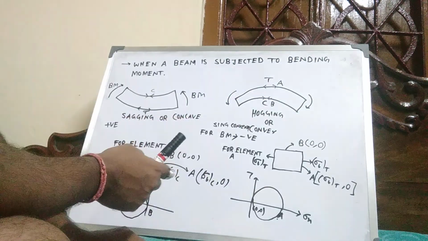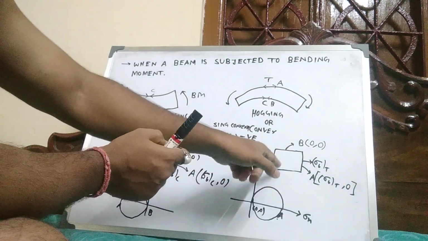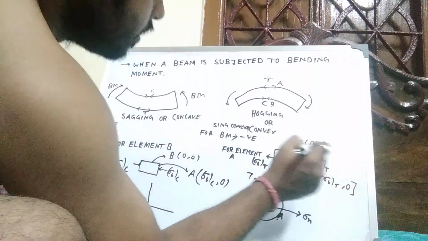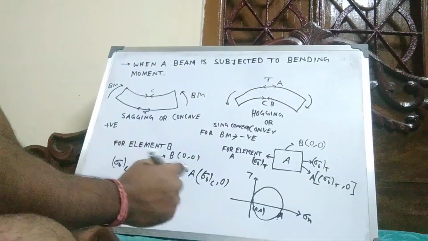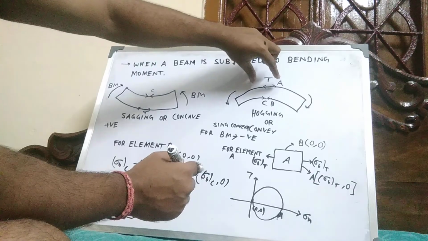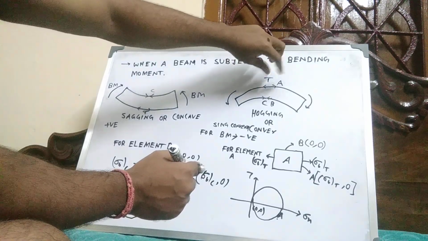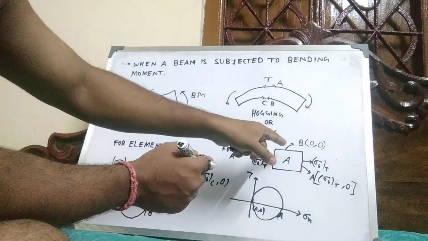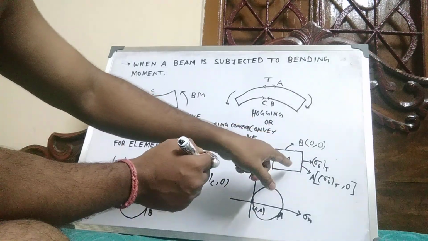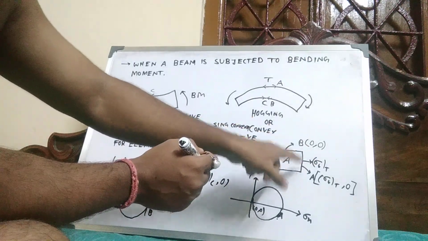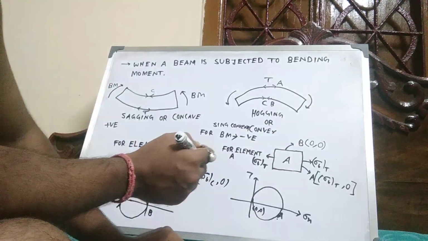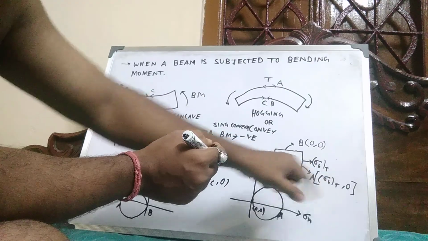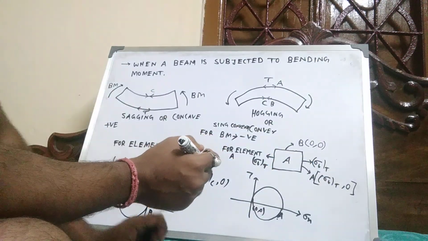Here consider an element A at the top fiber and an element B at the bottom fiber, and the Mohr circle is here. Element A is tensile in nature, with bending stress tensile. Plane A is sigma bt, 0 and plane B is 0, 0.